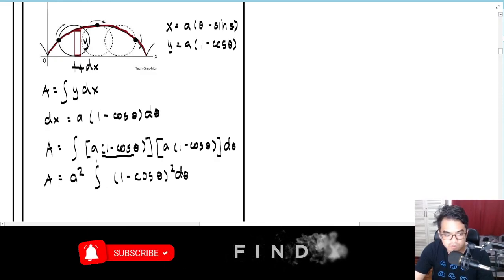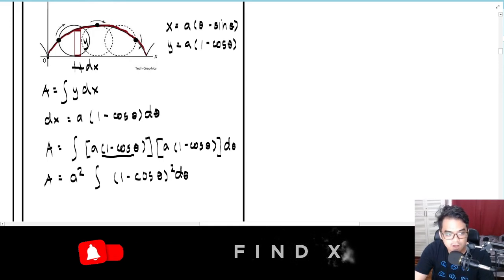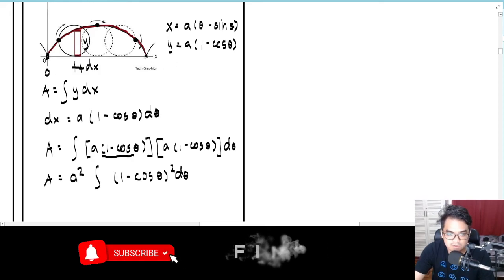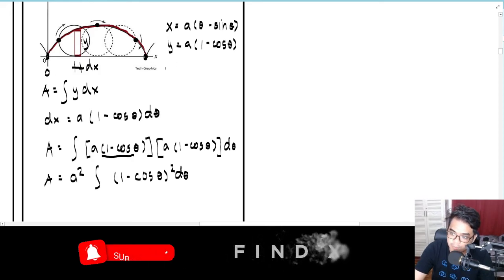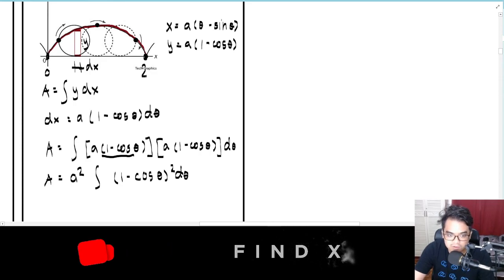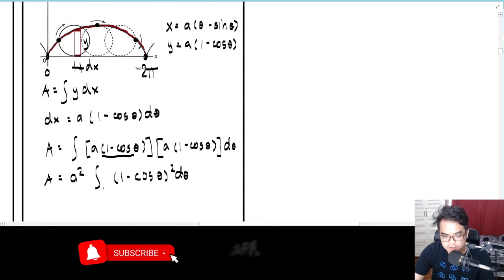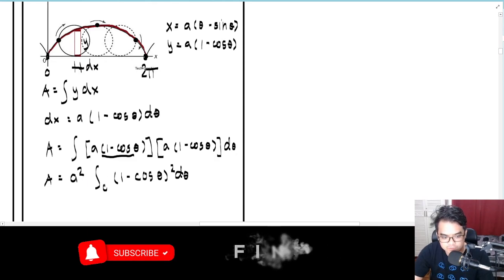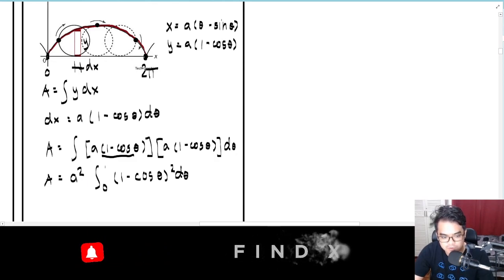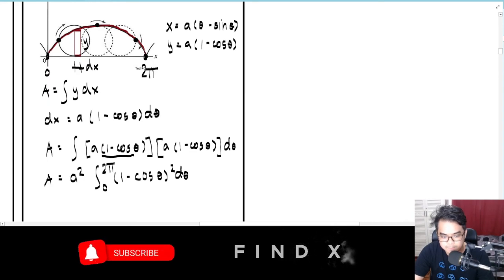So the question is, what is the limit? If the arc starts here, that will become your 0, and then it ends here. It was able to complete one cycle, therefore that is 2 pi. So your limits here must be 0 to 2 pi.